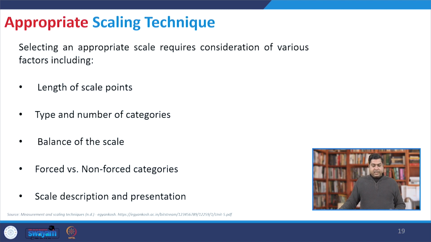Now, the appropriate scaling technique. We have discussed so many techniques, but how do we decide which one to take into your study?